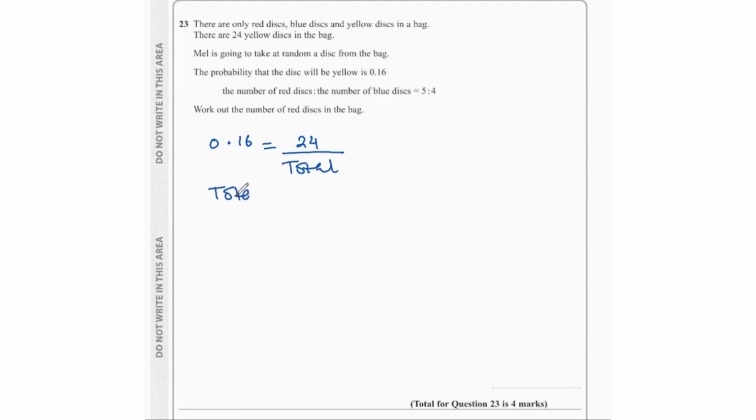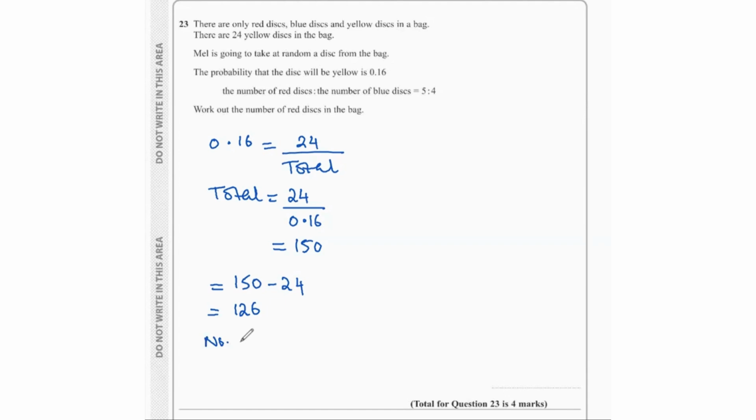So total is going to be 24 divided by 0.16, which basically gives us 150. That is the total number of discs. So we have to work out the number of red discs. So first, let's subtract 24 from 150 to get the number of red and blue discs. So 150 minus 24, and that is 126.